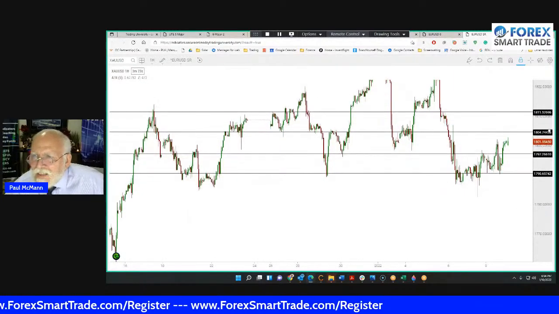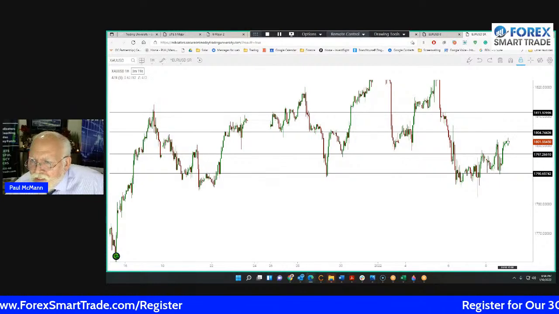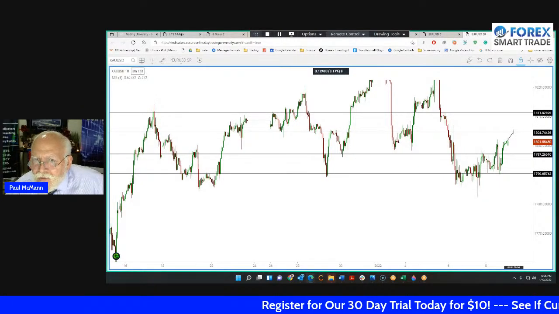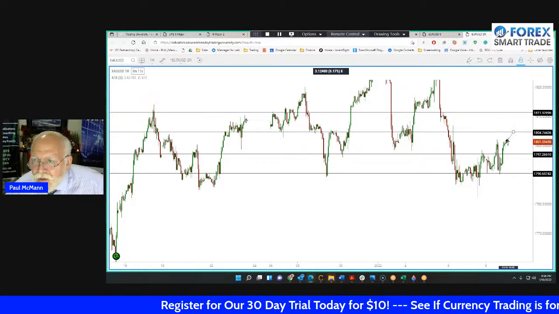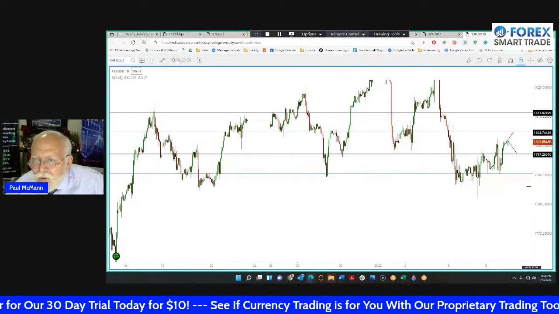And let's see, how much room do I have to these support and resistance lines? So going up, I have 3.12. Going down, I got 4.3.